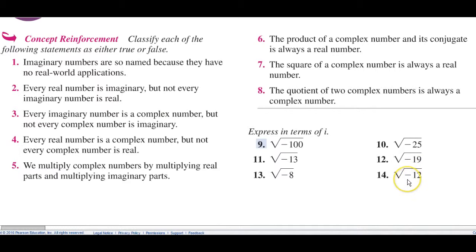And we'll do up to number 14. So let's pause, get our assignment for true-false. Let's see, there's 1, 2, 3, 4. So here it's 4 true and 4 false. And then we have these numbers to work with down there.